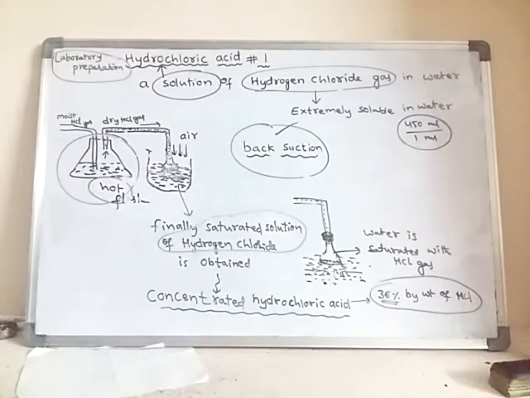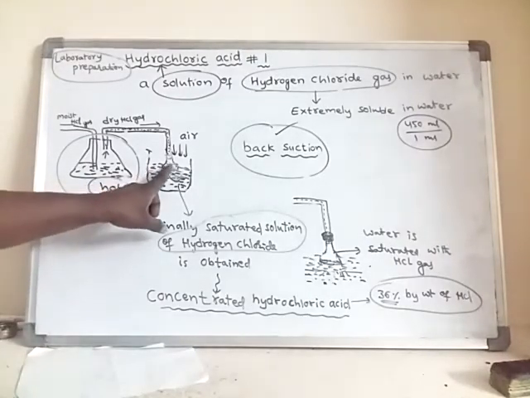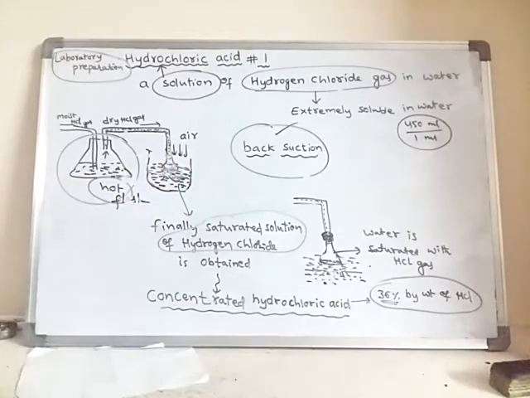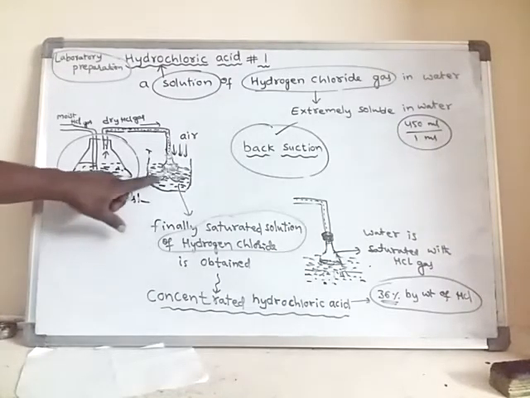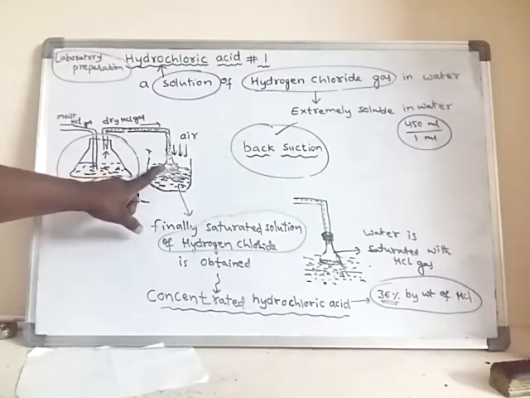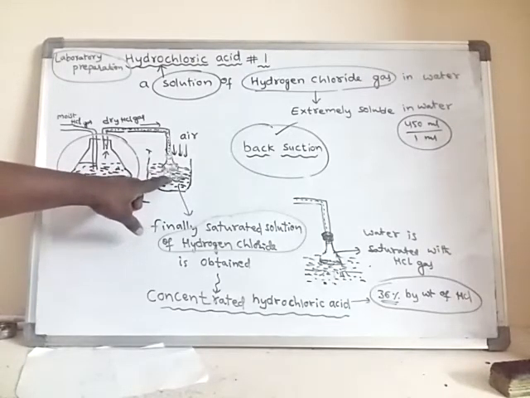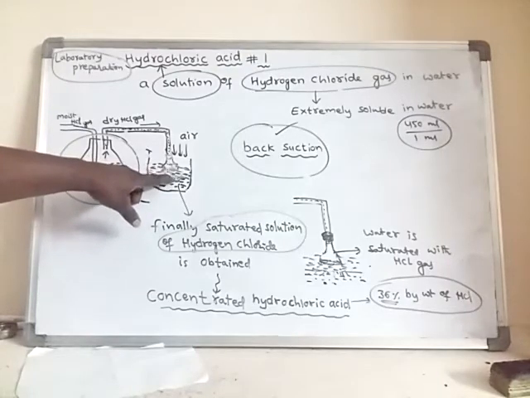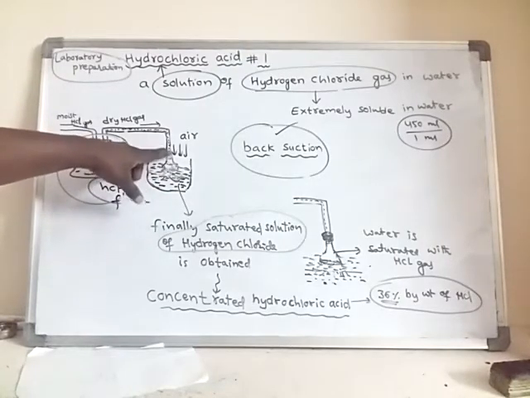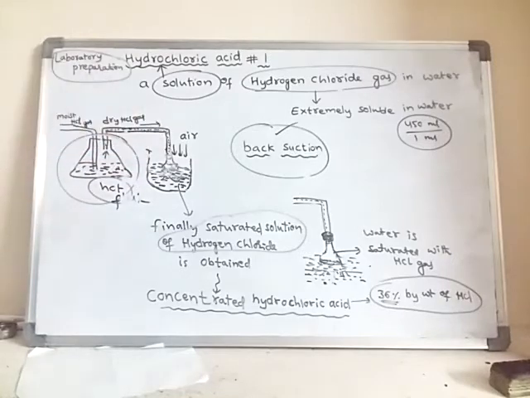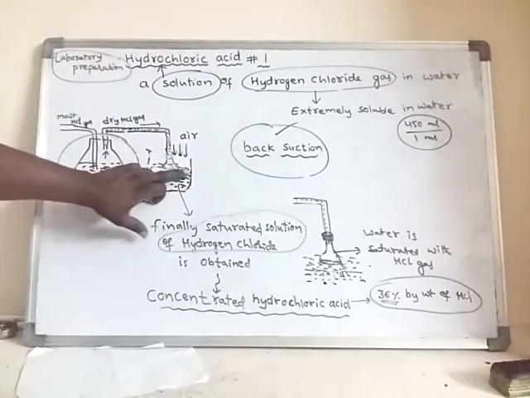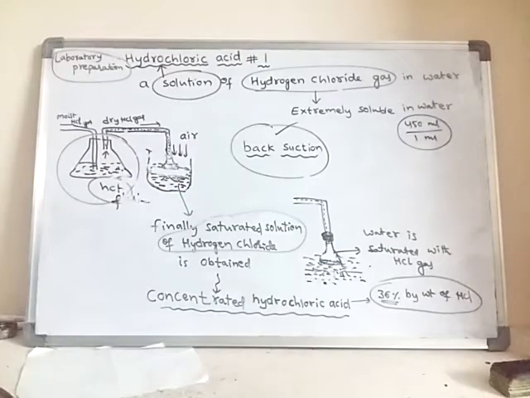Okay, right. See, here there are advantages. What is the advantage of using this inverted funnel? This inverted funnel prevents back suction of water into the reaction flask. Due to the presence of the inverted funnel, the suction of water into this funnel and into this delivery tube is prevented, because after some time an air gap is developed.